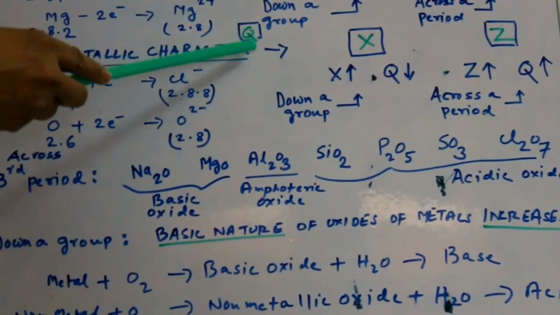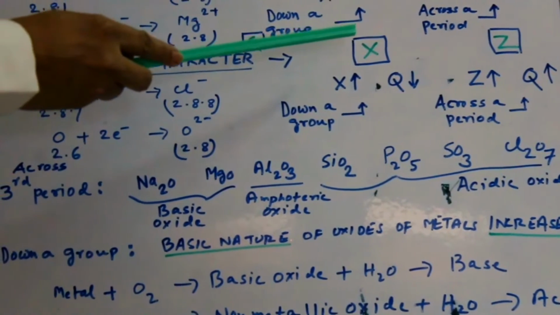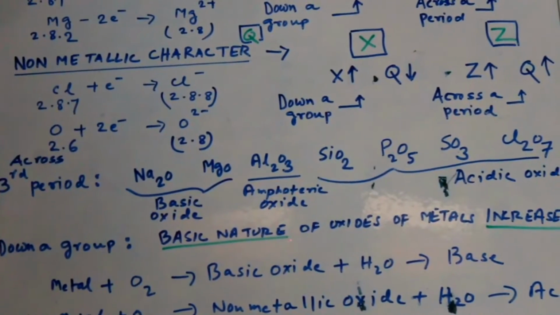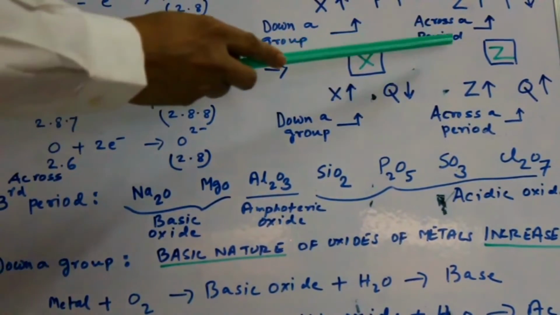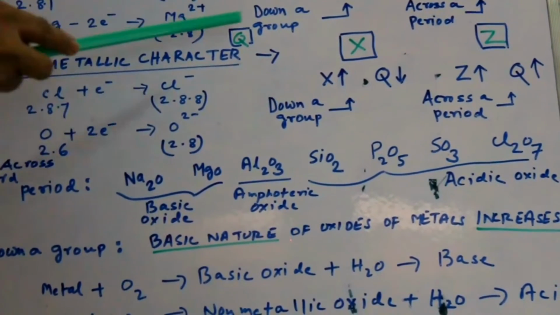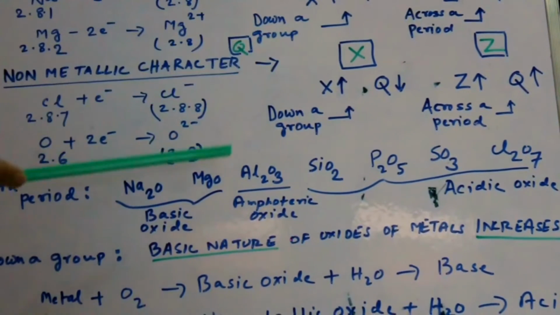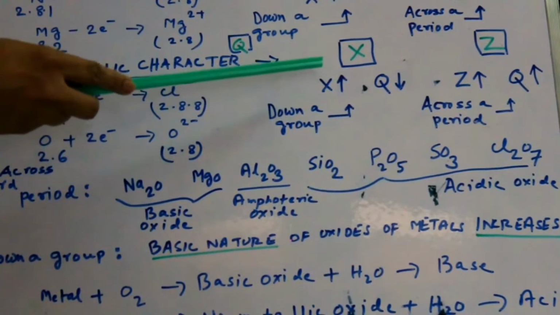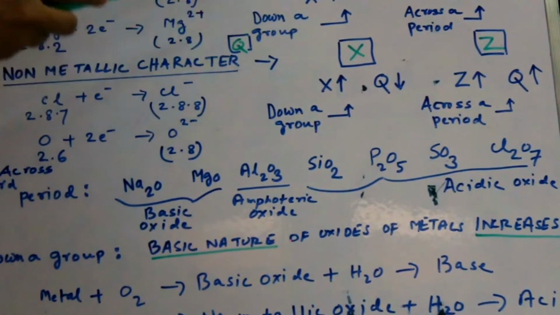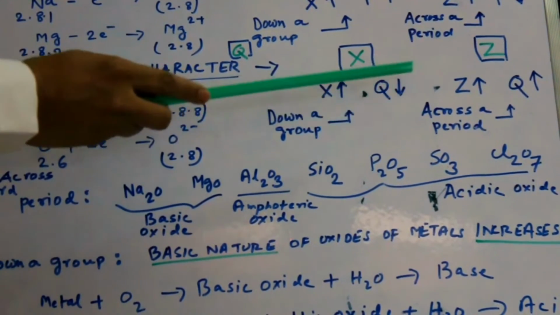So here Q represents non-metallic character, X is atomic size or radius, and Z is nuclear charge. So non-metallic character depends on two things: one is atomic size, another one is nuclear charge. If X increases, that means the atomic size increases, the non-metallic character decreases.